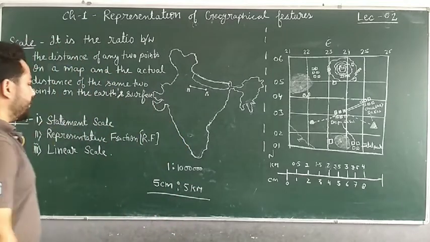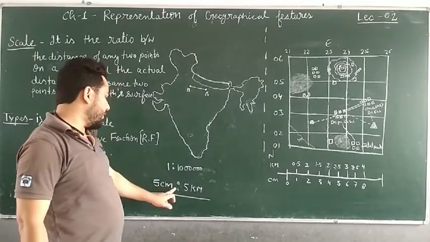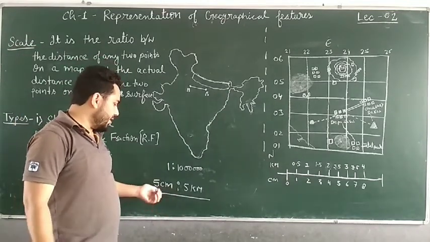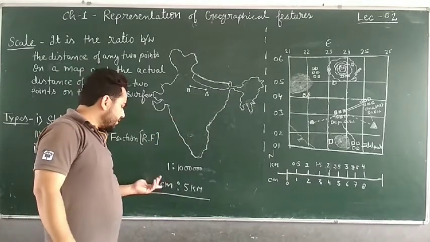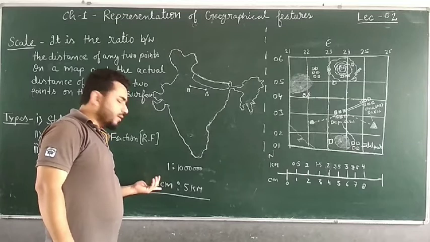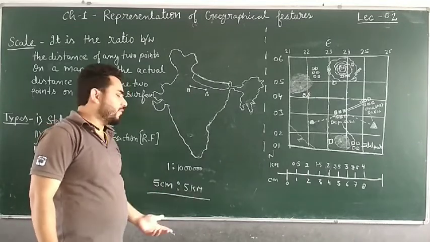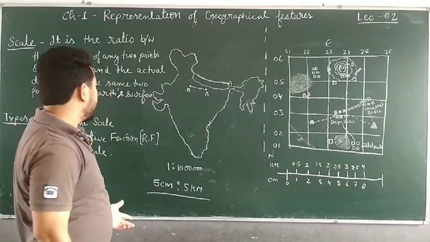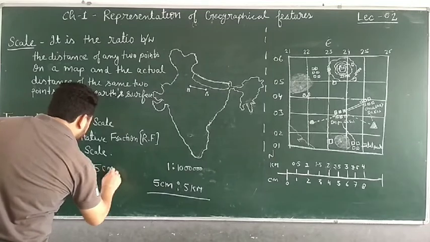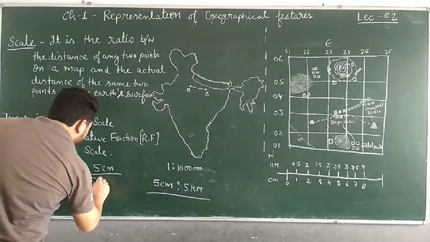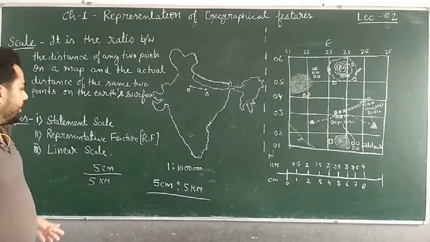If 5 centimeter to 5 kilometer is written somewhere like this, it shows that the distance between the two places A and B on paper is 5 centimeter, and on ground is 5 kilometer. Or you can write it like this also: 5 centimeter by 5 kilometer. Clear?